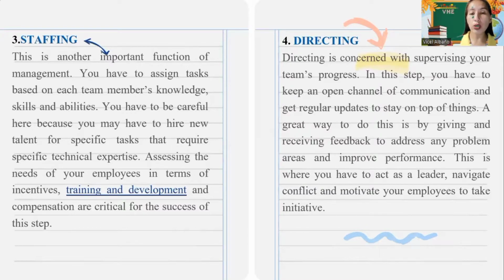A great way to do this is by giving and receiving feedback to address any problem areas and improve performance. Here you have to act as a leader, navigate conflict, and motivate your employees to take initiative.